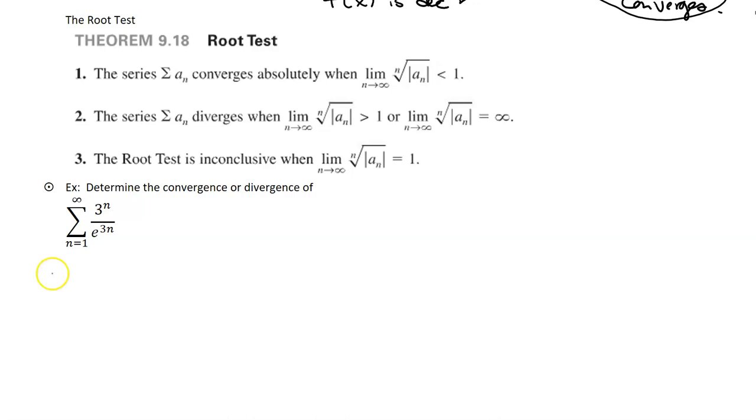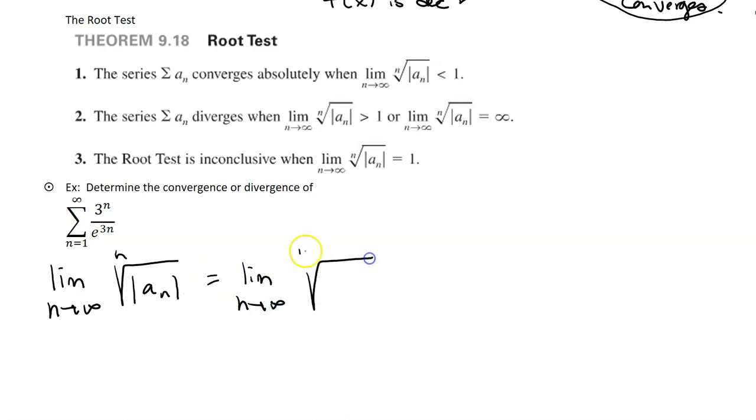So with this one, I'm going to do the root test. So I'm going to take the limit as n approaches infinity of the nth root of the absolute value of a sub n. So that will be the nth root of the absolute value of 3 to the nth power divided by e to the 3n. And the absolute value is really not required here because both of these are going to be positive.